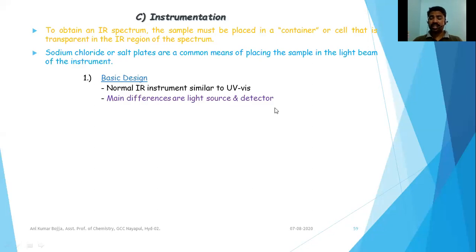The radiation has to be produced by the source. For example, if you are using NMR spectroscopy to record the spectrum of a molecule, there we have to use a source of radio frequency radiation, one which can produce radiation in the radio frequency range.